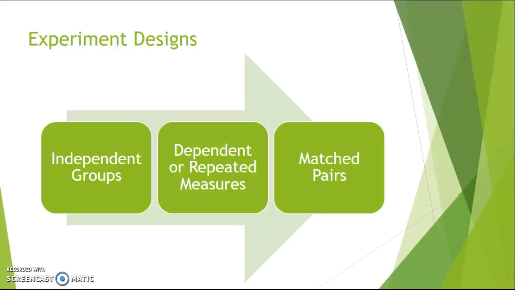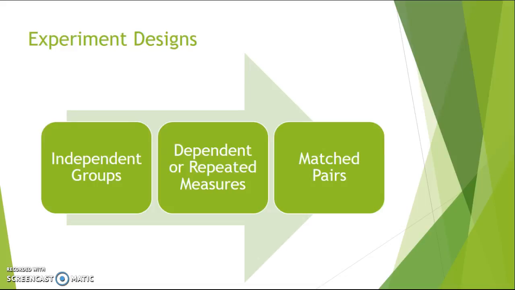And then we've got experiment designs here for the last bit. So we've got independent groups, dependent or repeated measures, and matched pairs. So independent groups, between groups, and different groups of individuals participate in different conditions.